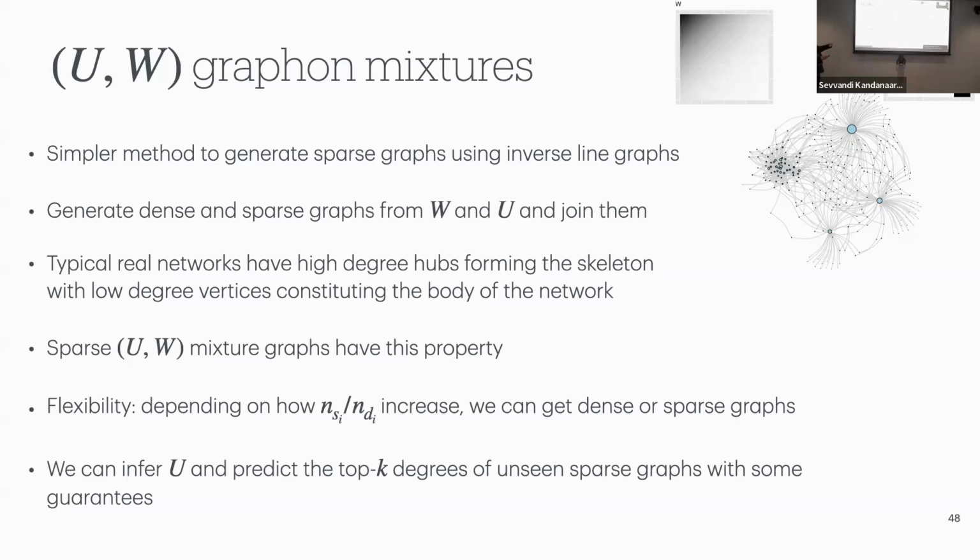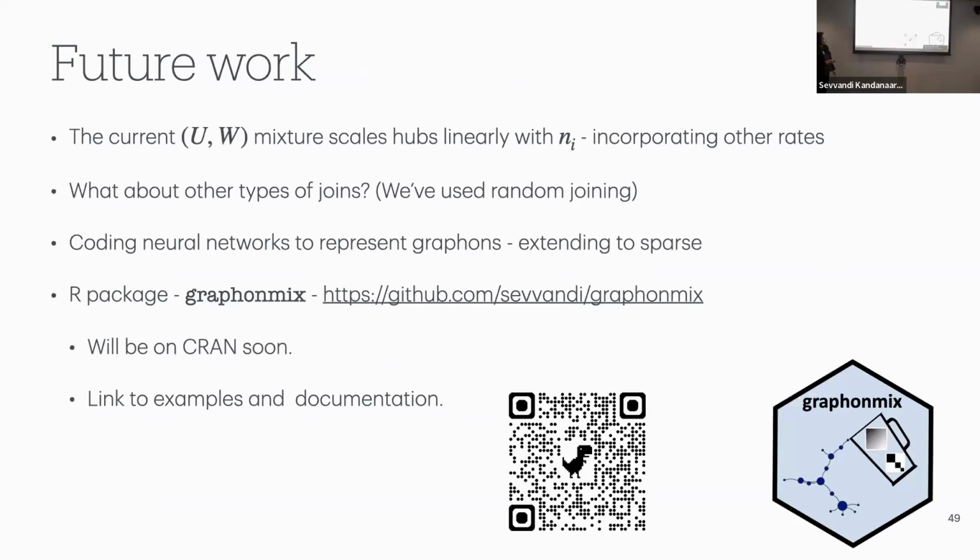And this also has this motivation: real networks have high degree hubs forming the skeleton and low degree vertices constituting the body of the network. So the UW mixtures have this property. We have these big hubs and then everything else gets connected. And with the flexibility to get dense or sparse, we can infer U and predict the top K degrees as well.